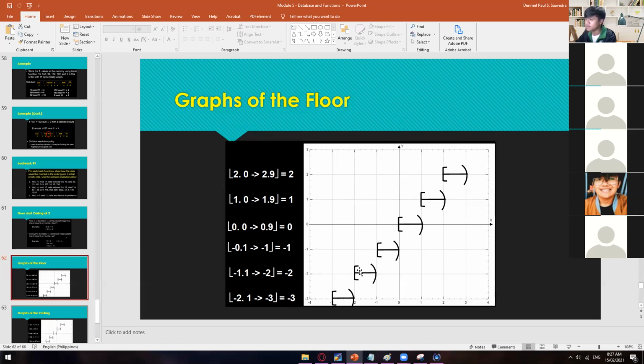This symbol is like the final coordinates of that value. If you're going to plot this one, then you will plot it here, here, here, here, here. So they are connected right there.